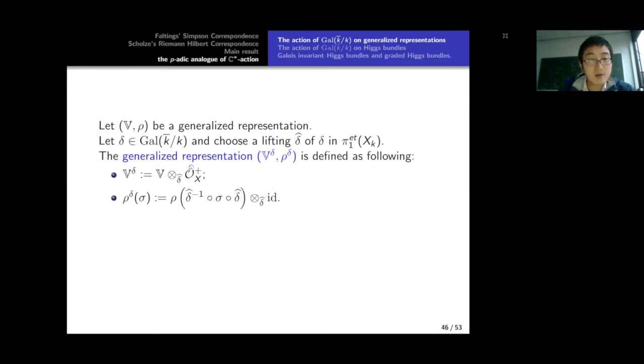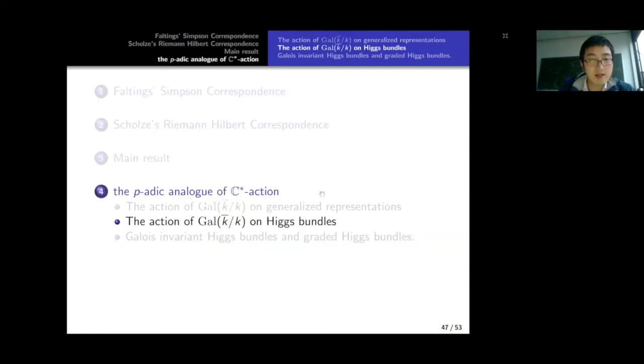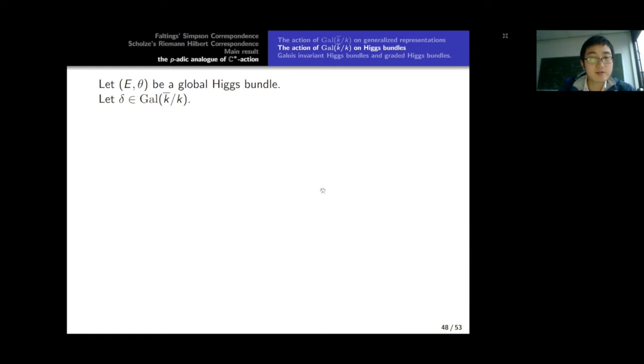Then the generalized representation (V^δ, ρ^δ) is defined in this way. V^δ is defined to be V twisted by δ, and ρ^δ is defined to be the conjugation by δ hat, then composed with the twist by δ. This isomorphism class does not depend on the choice of the lifting. Okay, this is the Galois action on the generalized representation. Similarly, we can define the Galois action on Higgs bundles.